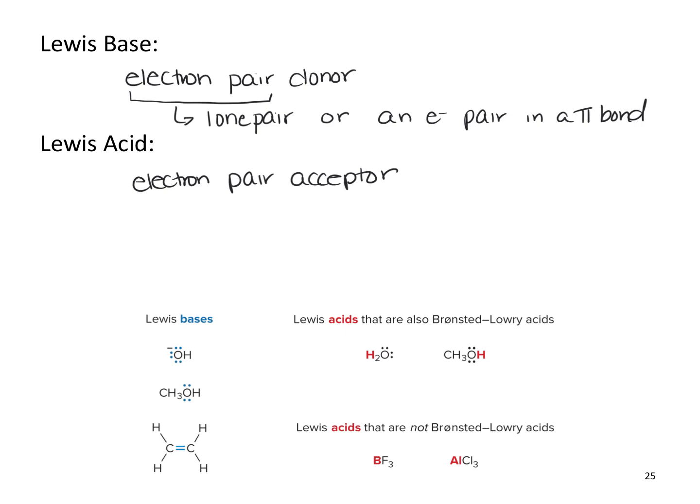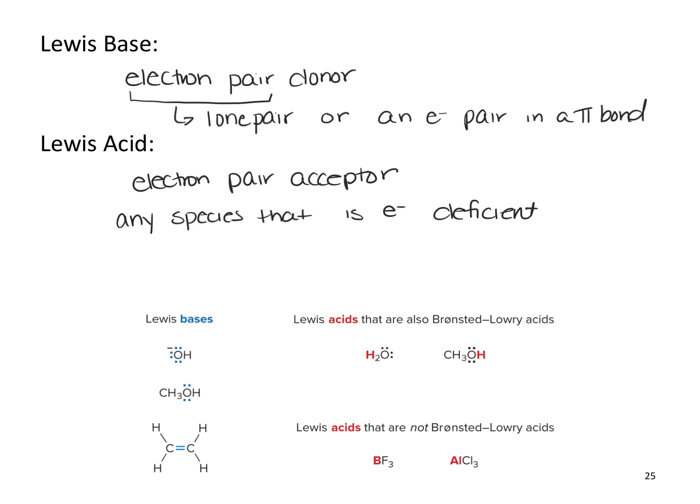Lewis acids are any species that's electron deficient and capable of accepting an electron pair. So you've got some examples of Lewis bases here. We've got free electrons on a hydroxide, on an alcohol. We've got a pi electron pair in a double bond.